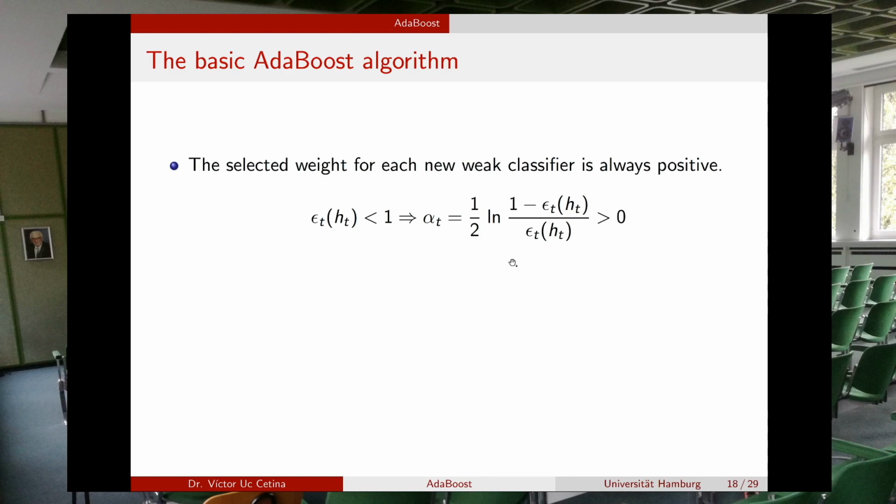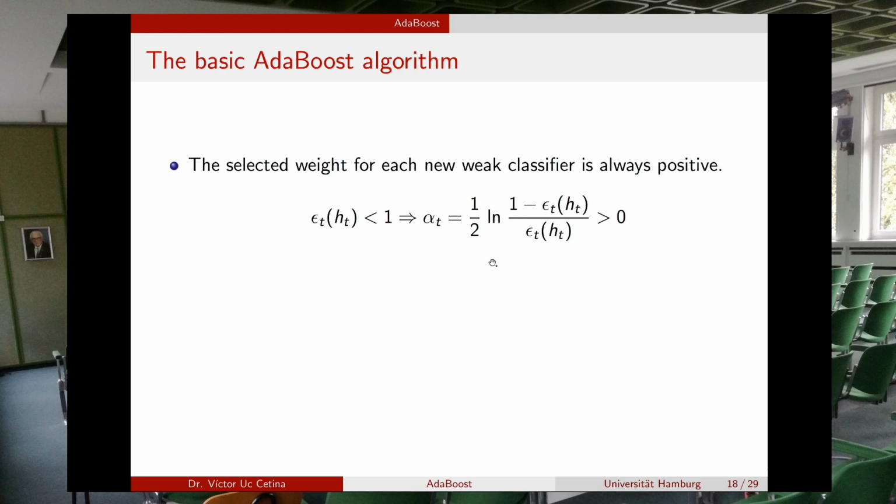And also, you will see that the error of our strong classifier, when you train it using AdaBoost, is upper bounded by the number of weak classifiers that we decide to train.